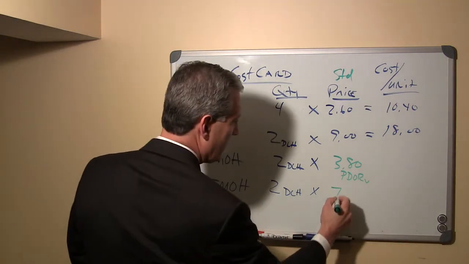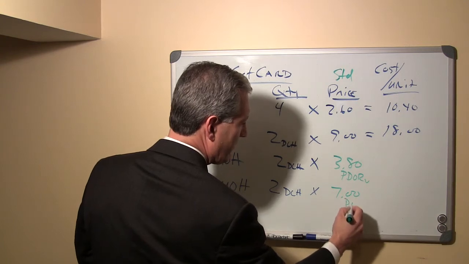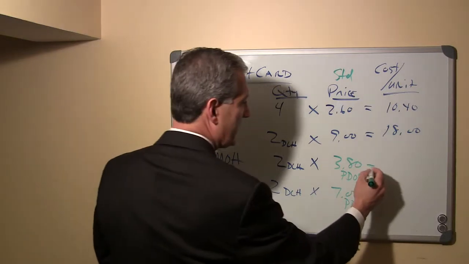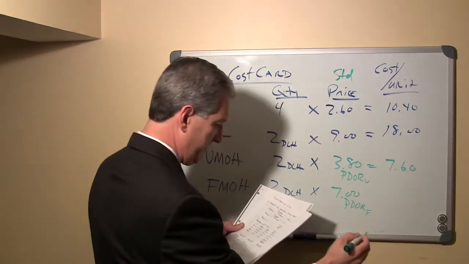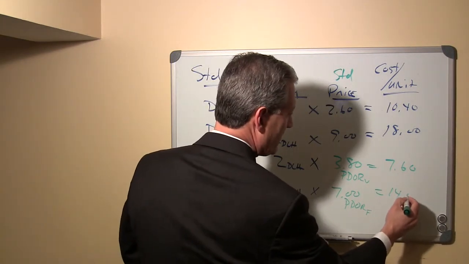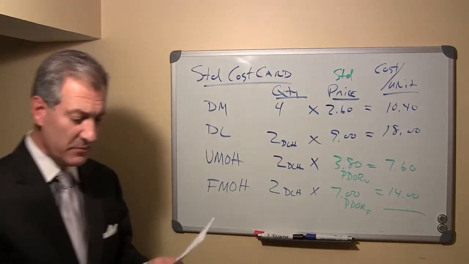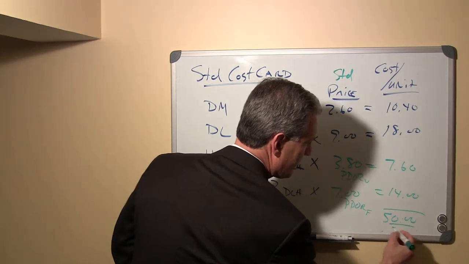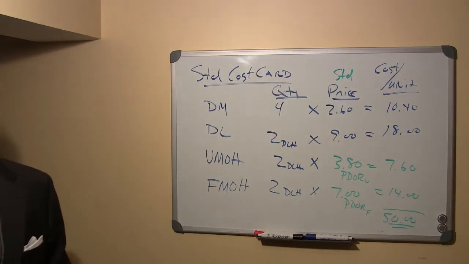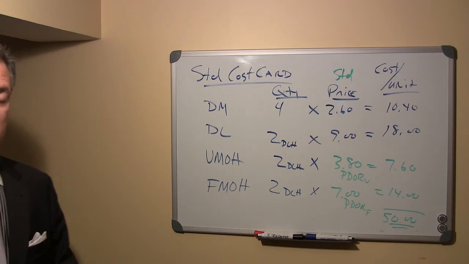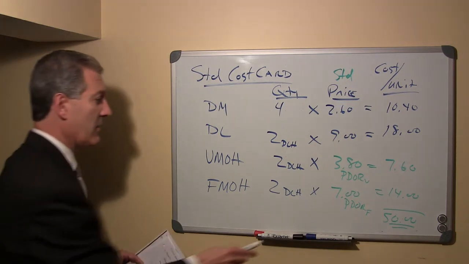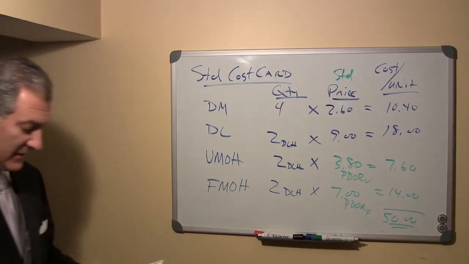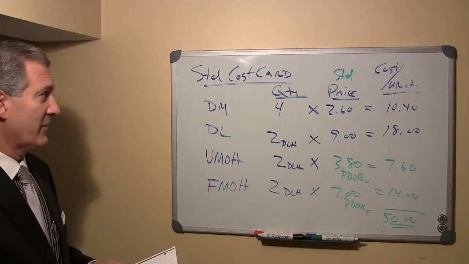And we calculated the fixed predetermined overhead rate, PDOR fixed, at $7, resulting in $7.60 and $14. The total cost per unit in this problem is $50. You need to be able to prepare in detail the standard cost card, breaking out both the variable manufacturing overhead and the fixed manufacturing overhead.